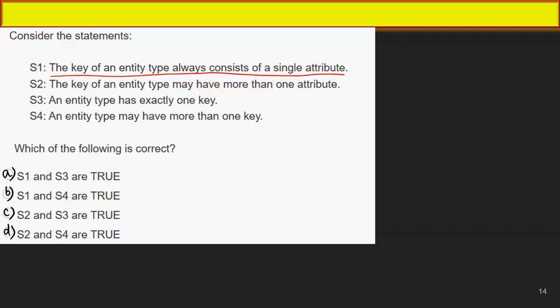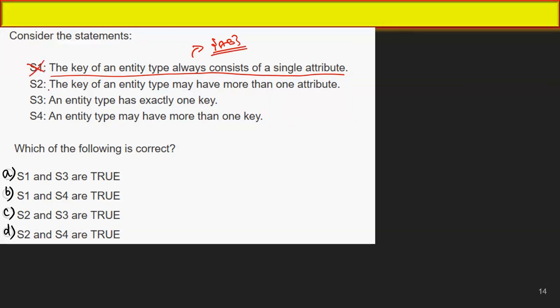Whether this is true? No, this is not true, because we have seen that AB together can be a key, right? So this is not true.